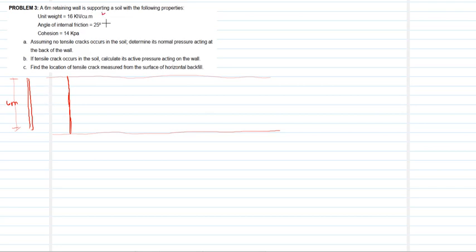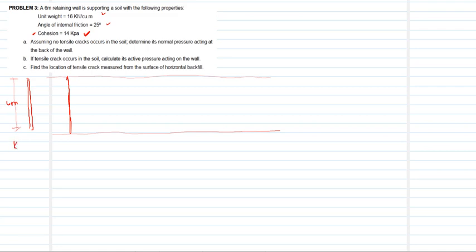Given yung unit weight, given yung angle of internal friction, and meron tayong cohesion. So, meron tayong pressure diagram due to this cohesion. Okay? So, yung ating due to soil.